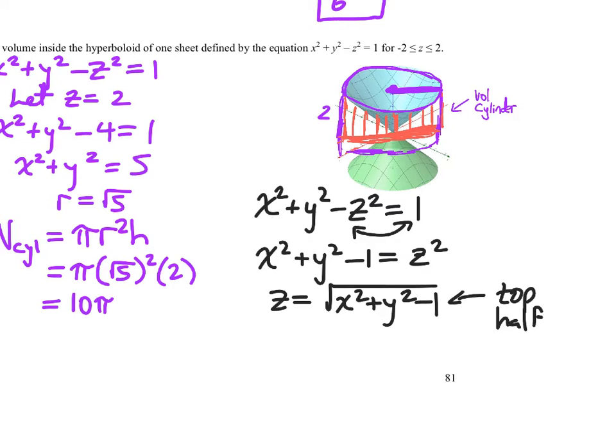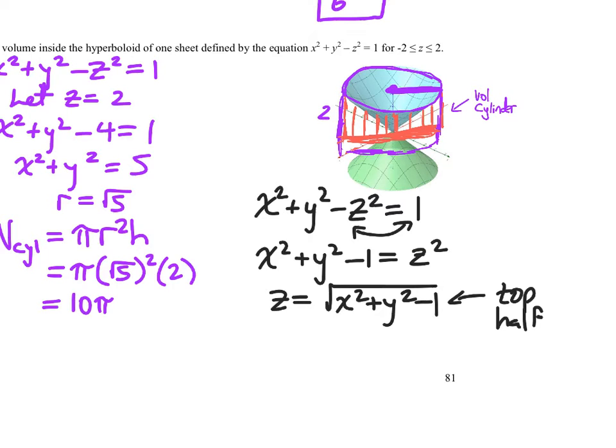So we know our theta is going to go all the way around, so I'm not worried about that. It's the r that I'm concerned with. So you got to be thinking about how the r is going to behave in this situation. Now, it might be surprising to realize this, but we've already figured it out.